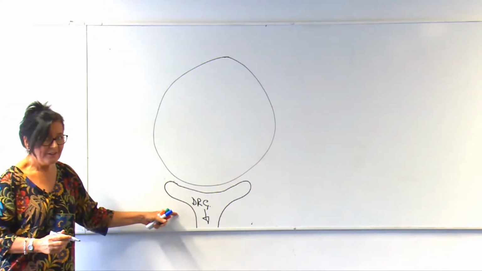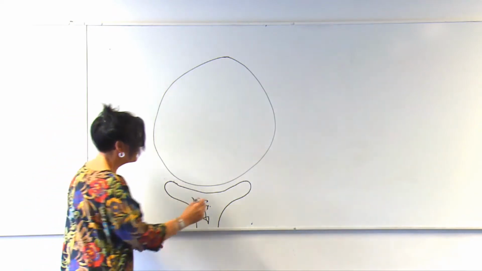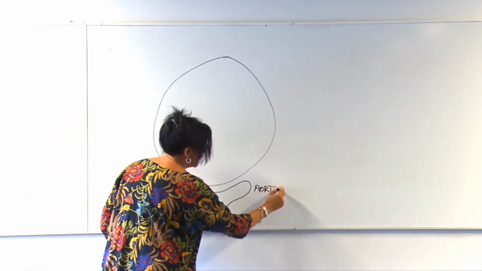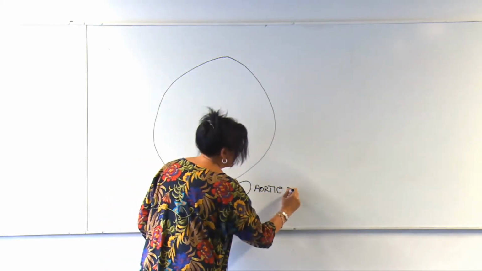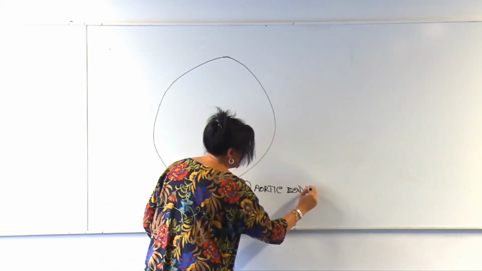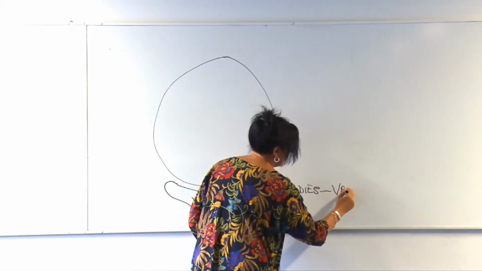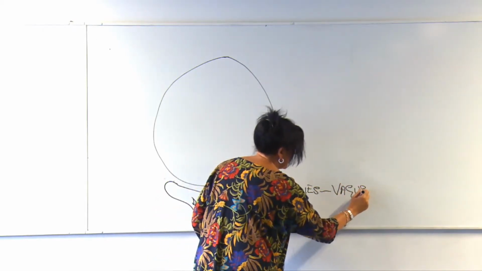The nerve, if you remember, if we're talking about aortic bodies, what nerve are we talking about? Good old friend, the vagus nerve.